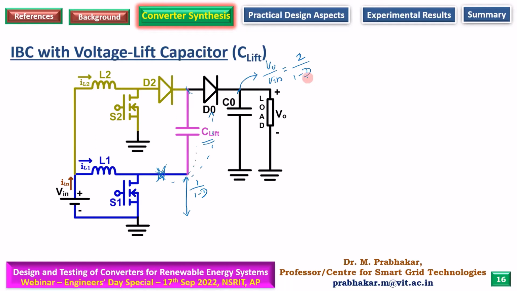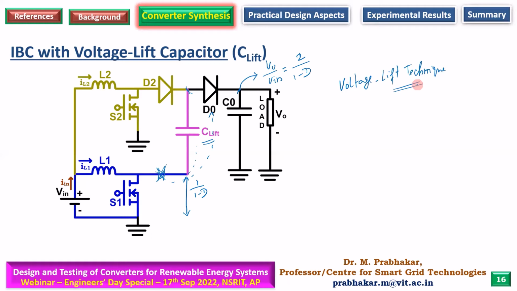So totally you will have 2 by 1 minus D. So we are actually doubling the voltage gain by using only one additional capacitor. Use one additional capacitor, get 2 times the voltage gain of a classical boost converter. This technique that we have used is called as voltage lift technique. Fine.